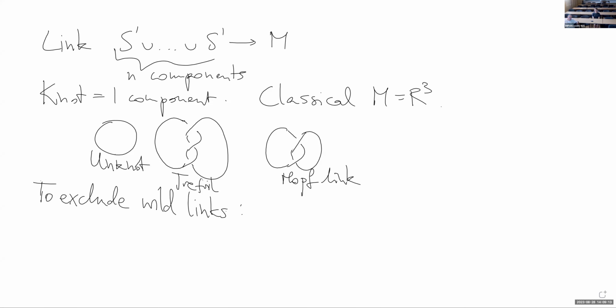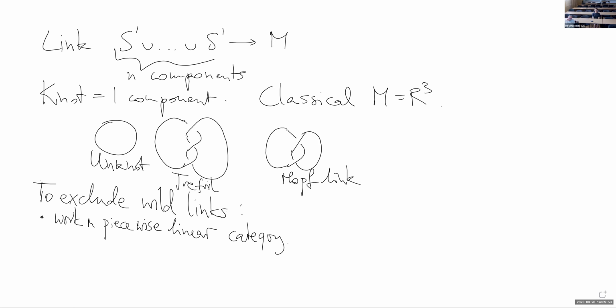So to exclude wild links, people traditionally do two things. Either work in piecewise linear topology. This is often called the PL category.